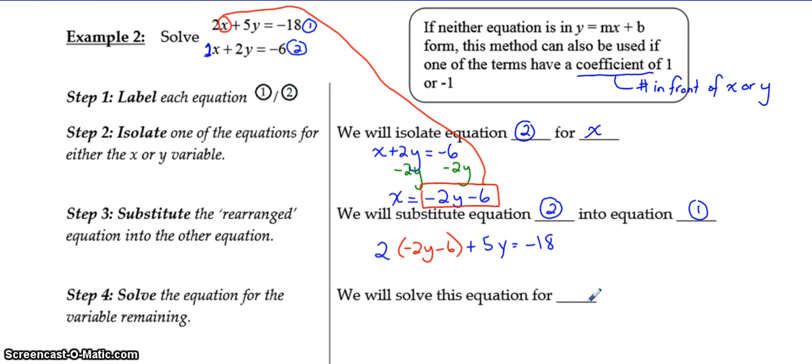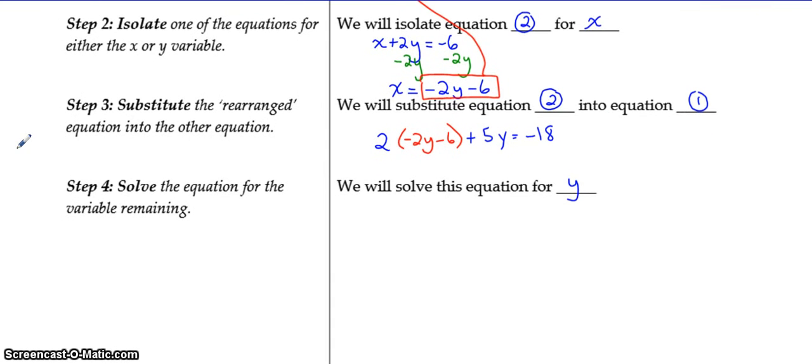We are now going to solve this equation for y using your grade 9 equation skills. First step, distributive property. So we have negative 4y minus 12 plus 5y equals negative 18. Collect like terms.